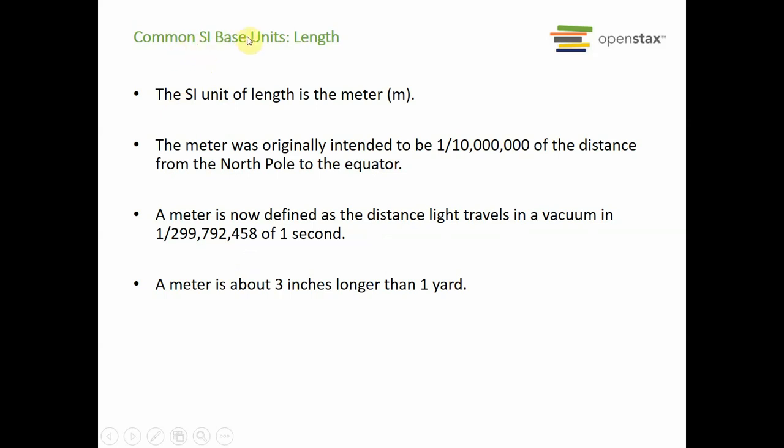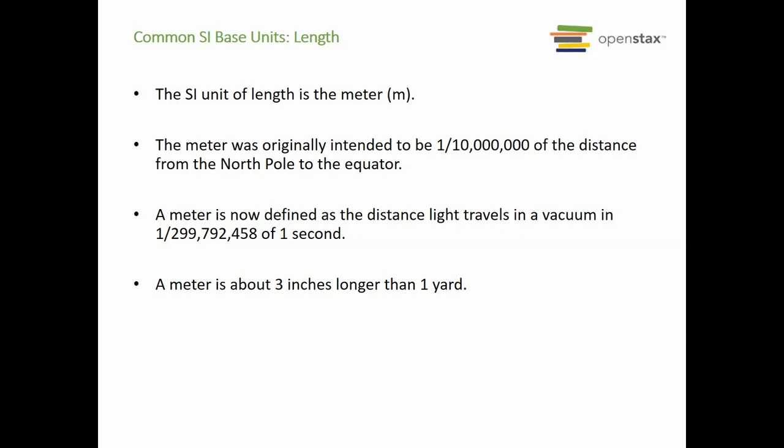The common SI base unit, length. The International Scientific Unit of Length is the meter. It was originally intended to be 1/10,000th of the distance from the North Pole to the equator. A meter is now defined as the distance light travels in a vacuum in 1/299,792,458 of 1 second.